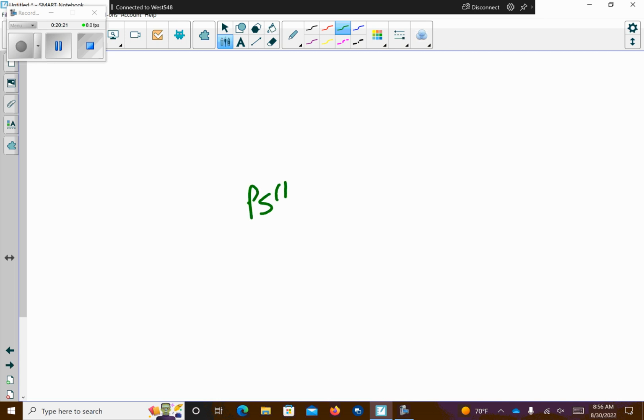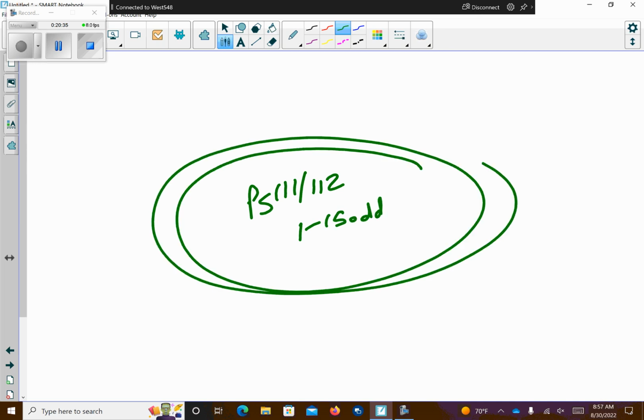Page 111, 112. And let's have you do 1 through 15 odd. That's what I will check off for tomorrow. But we will also, during class, finish up the rest of them. But if you have 111, 112 odd done, that'll get you the full points for the homework. Deal?